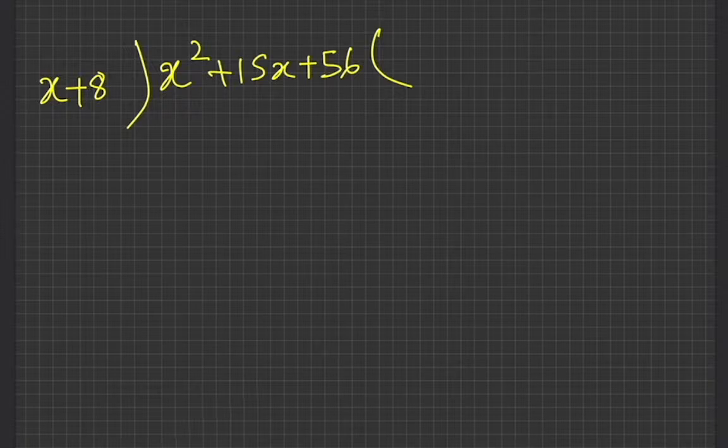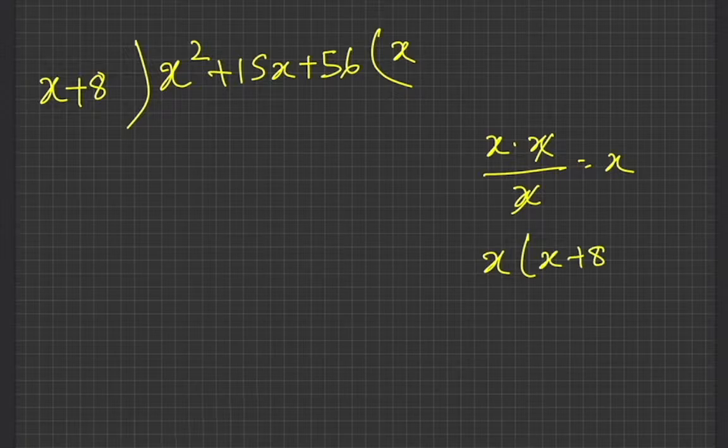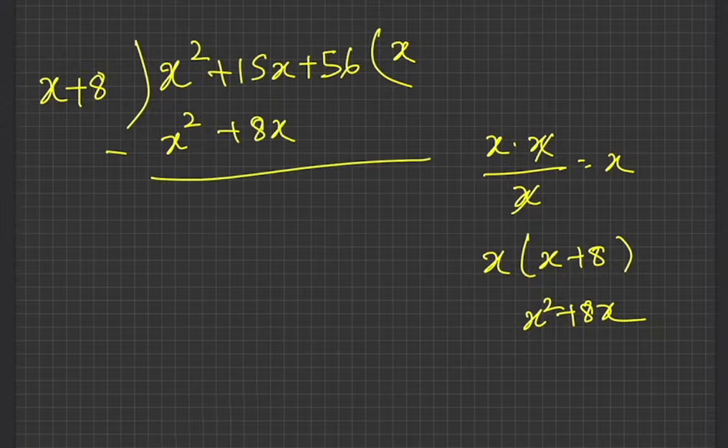Okay, so I have x times x, that is x squared, divided by x. So that gives me x. So I'm going to multiply this. So x times x plus 8 will give me x squared plus 8x. I'm going to subtract that, x squared plus 8x. I'm going to change the sign.